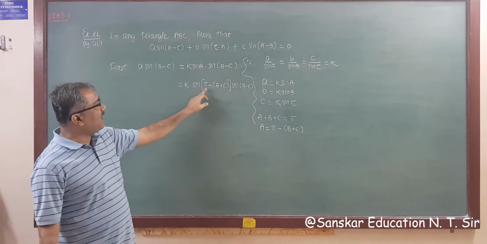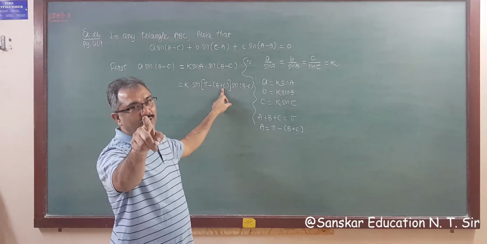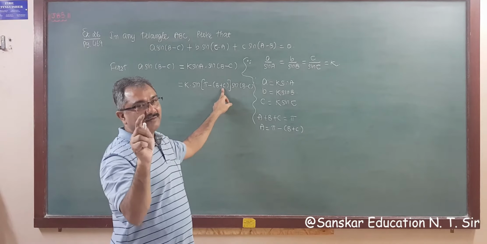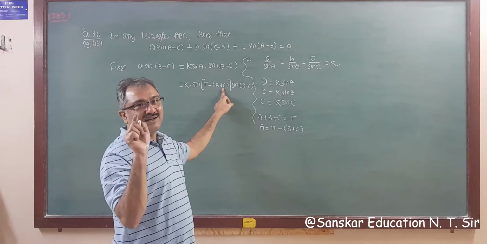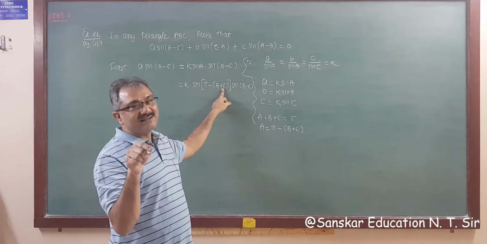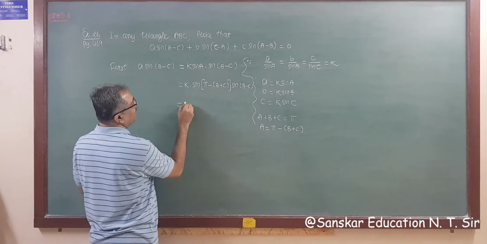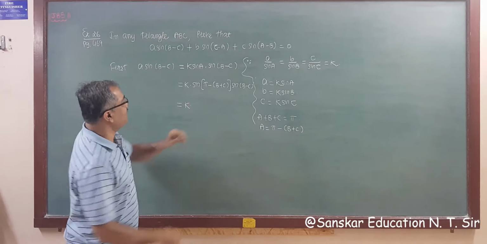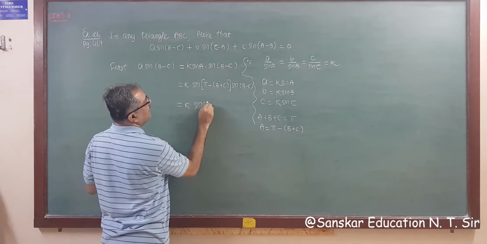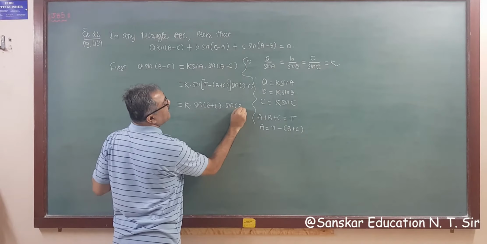Now sin(pi minus theta): pi minus theta always lies in the second quadrant. Remember this, we are going to apply this more than 500 times in 11th standard as well as in 12th standard, where it is uncountable. So sin(pi minus theta) gives sin(B plus C) into sin(B minus C).